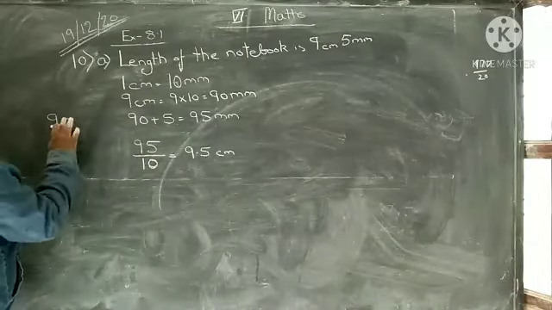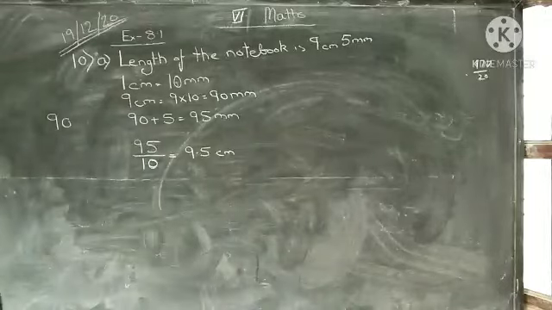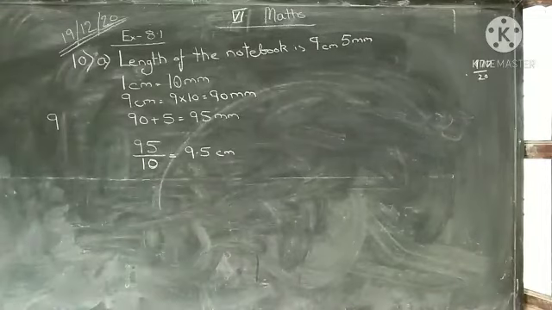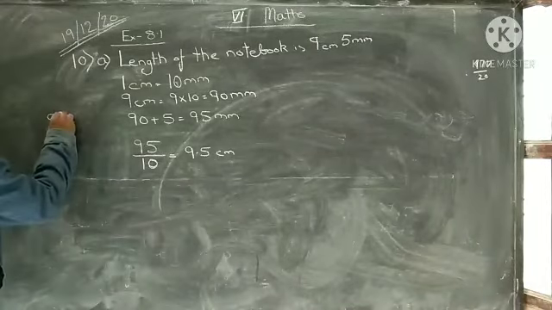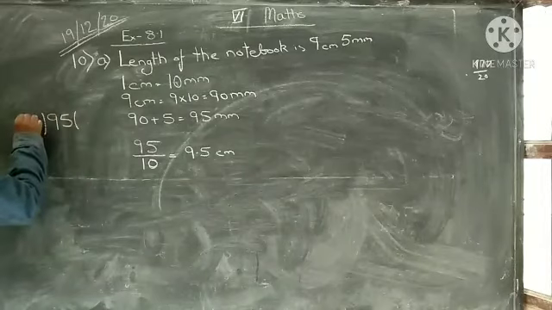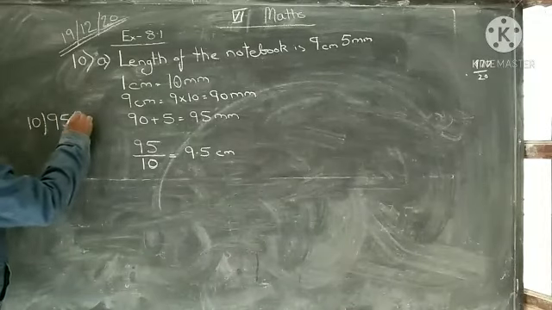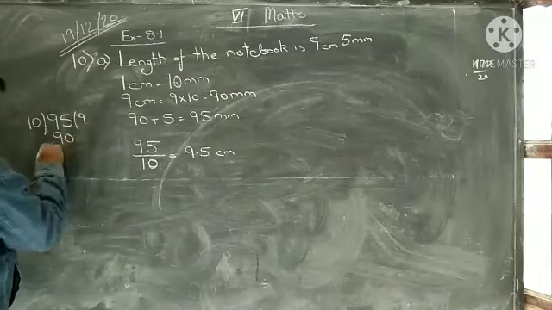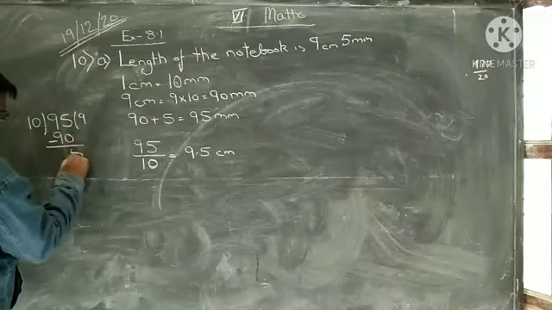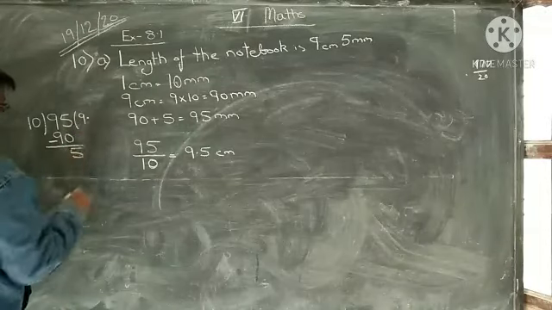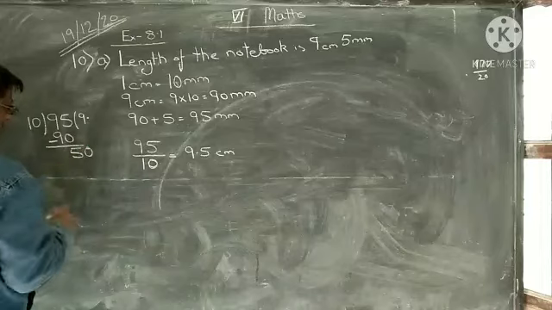95 divided by 10. Here comes 9, 90. 5 is remaining. Put a dot over here, point, bring a 0.